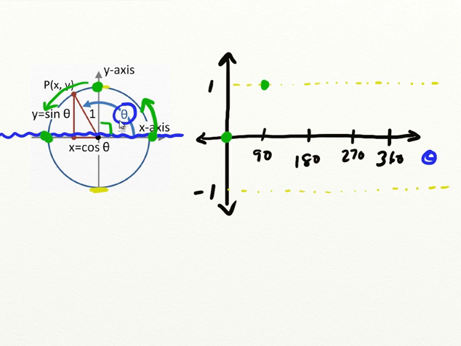How many degrees would it take for you to touch the water again? It would be another 90 degrees, 90 to get up, 90 to come back down. So that means you would touch the water here at 180. Time to hold your breath. You are now being dragged underwater, and you would get to a depth of this -1 after 270 degrees.